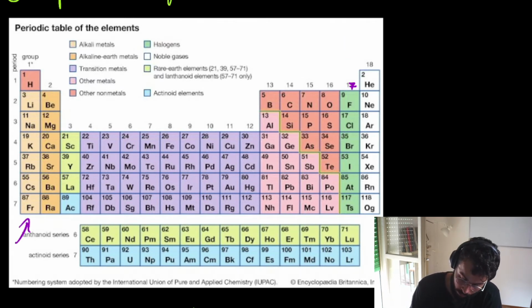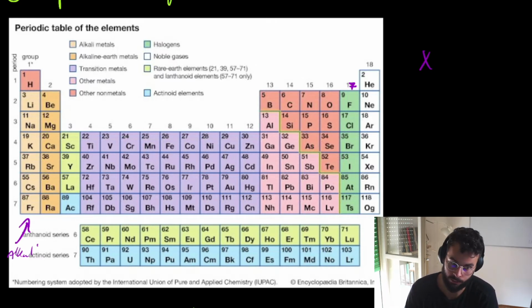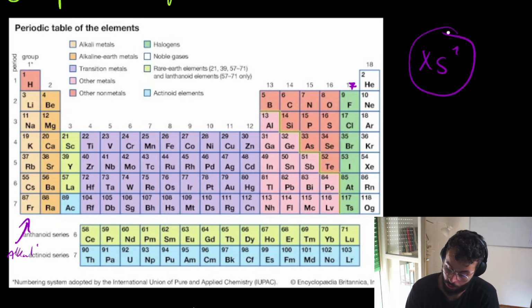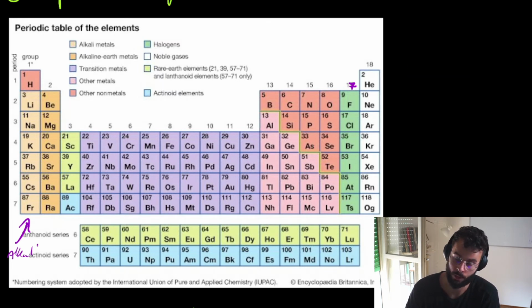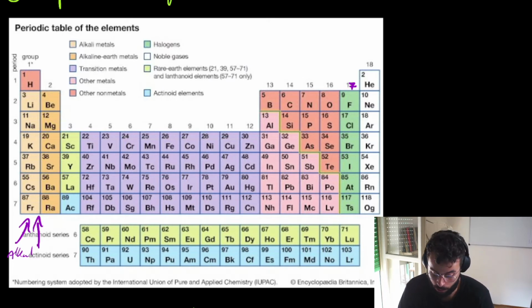Group 1, called the alkali metals, they have 1 valence electron, so they are going to have 1, 2, 3, 4, 5 in their row, then S1 in their valence shell. So it means that they will want to get rid of the electron to complete the octet rule.